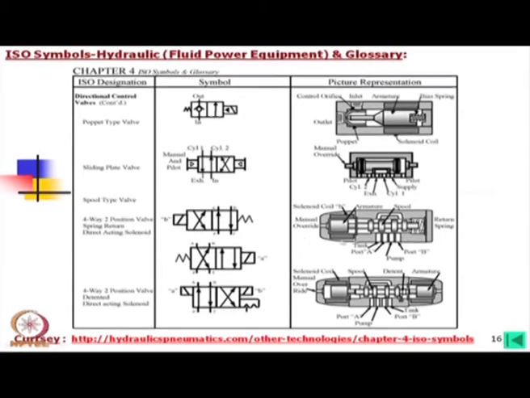I have explained this detail once, so I am not going into it again. If you study, you can understand how the oil is coming in, how the oil is going back, and then this is operated by an armature. This symbol means there is some electric operation.